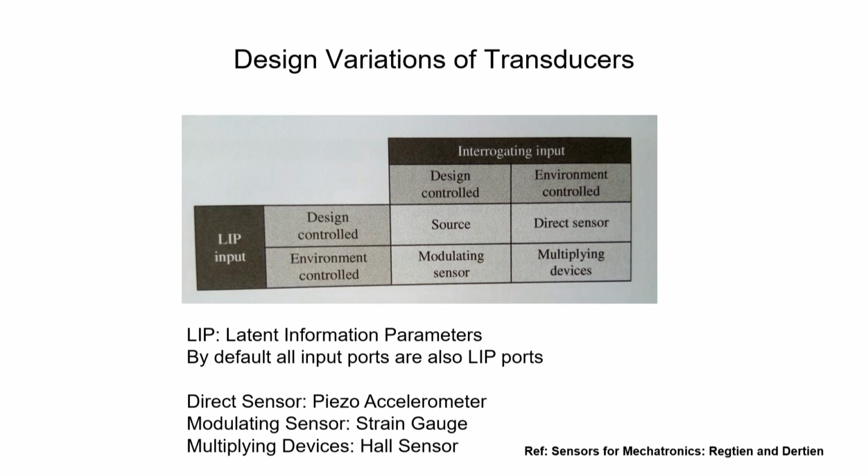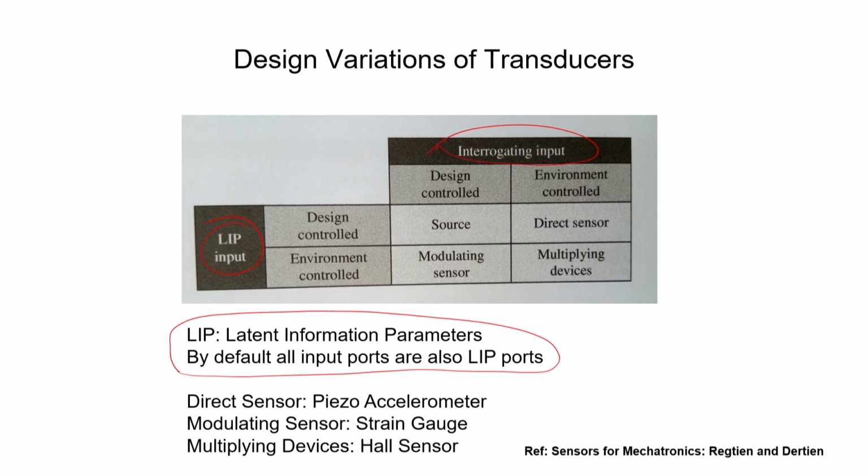Now, one way of clubbing all these things together is by how many latent information parameter inputs you are getting, the LIP input, and how many interrogating inputs you are getting. Now, we talk about different design variations of transducers, and one important concept here is this LIP, which is also known as the latent information parameters.